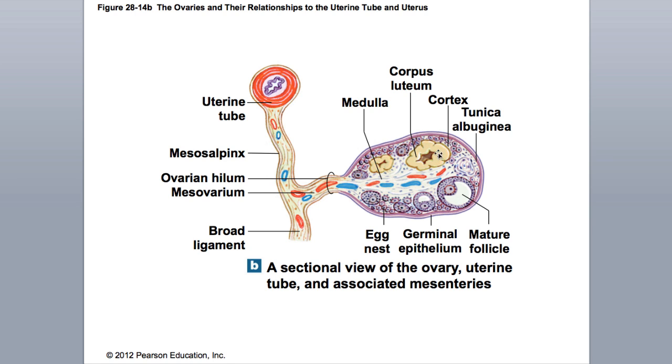The corpus luteum will play an important role in maintaining the endometrial lining by way of progesterone and estrogen. So Nemish, are you telling me that this developing follicle is actually producing progesterone and estrogen? Yes. So it's the ovary that's producing the estrogen and progesterone.